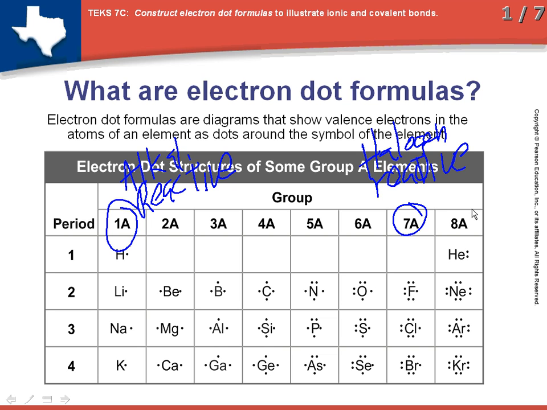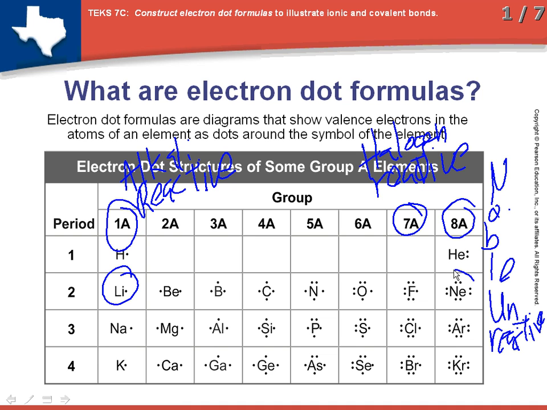But then we get to group 8A, the noble gases, and they are unreactive.